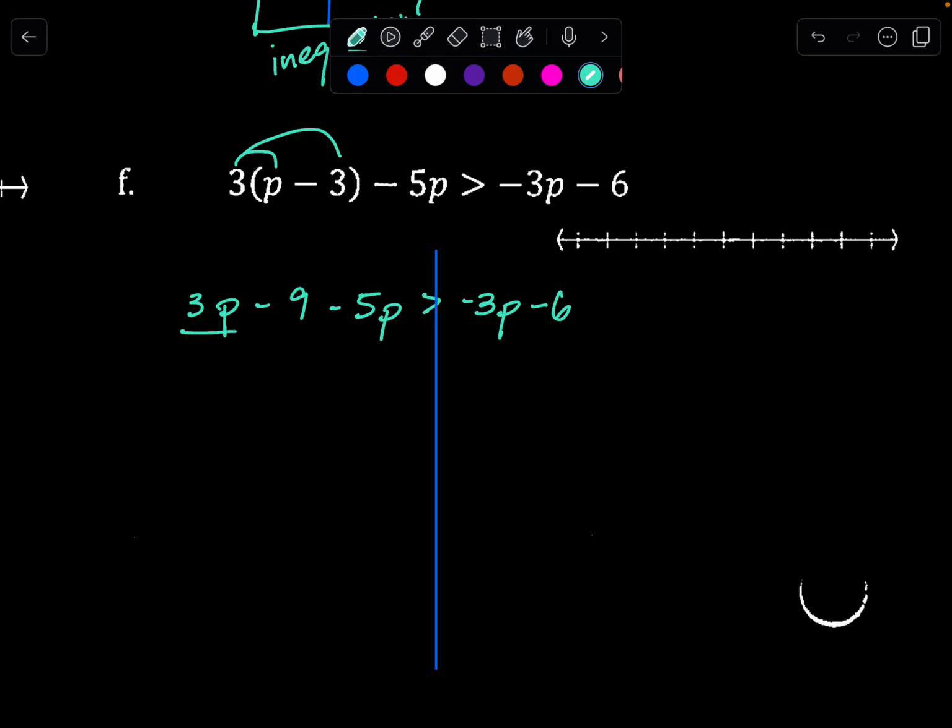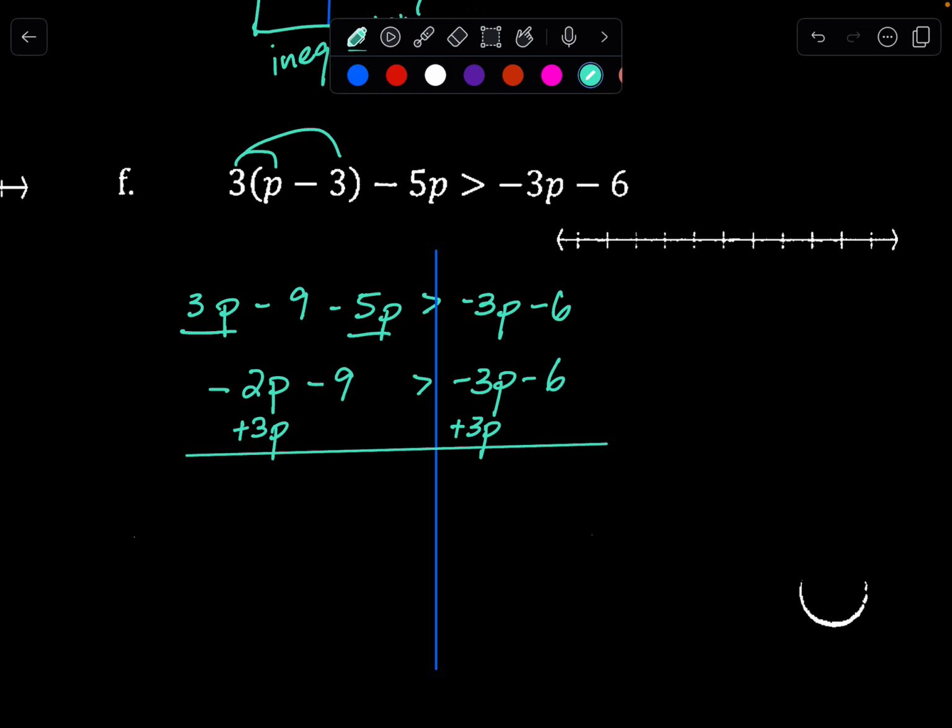So combine your terms. 3p plus a negative 5p is going to give you negative 2p minus 9 greater than negative 3p minus 6, right? This negative 3p that we're seeing on the right side needs to go to the left-hand side, correct? So we're going to add it to both sides. 3p's out.